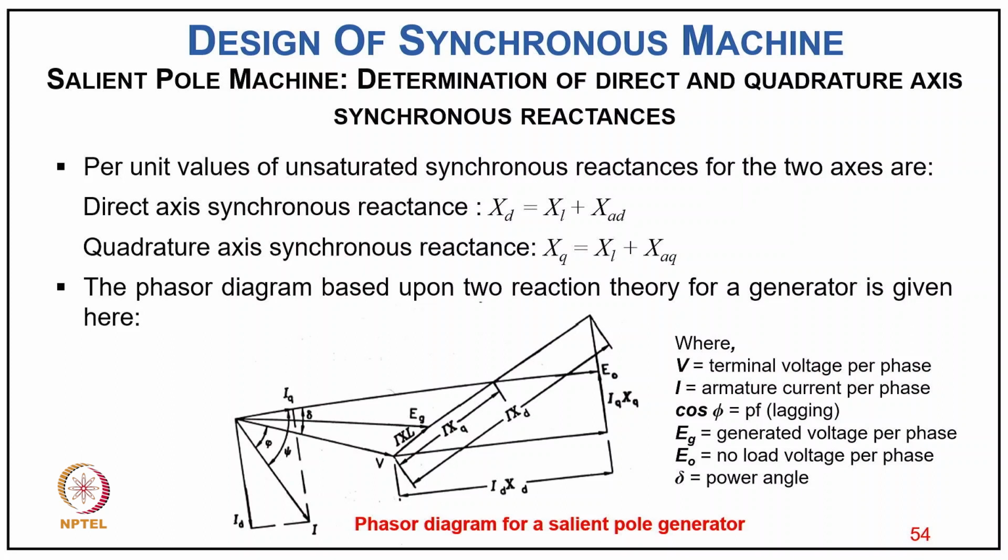So now the per unit values of the unsaturated reactances for the two axes: the direct axis synchronous reactance X_d equal to X_L plus X_ad, and the quadrature axis reactance X_q equal to X_L plus X_aq. The phasor diagram based upon the two reaction theory for the generator is shown here. We start from V, and with the phase angle psi we draw the current.